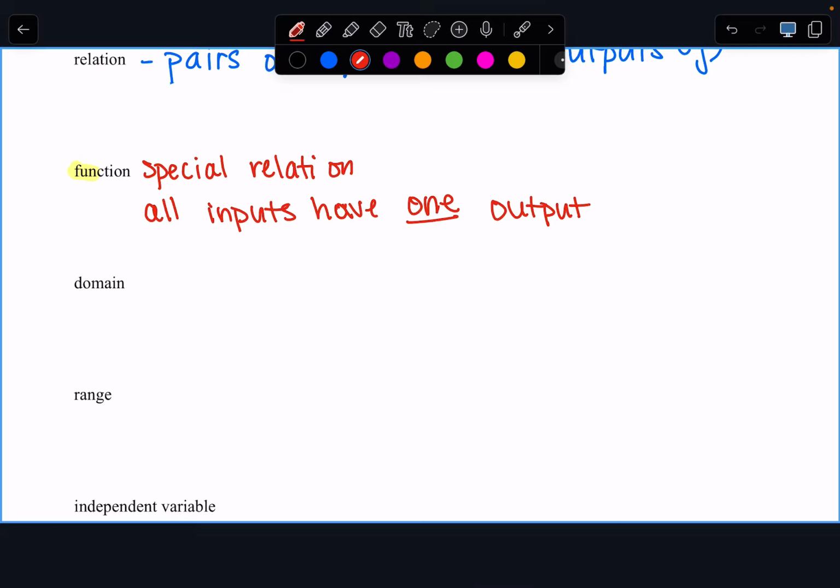What does that mean? What does that look like? That's what we're going to spend today doing.